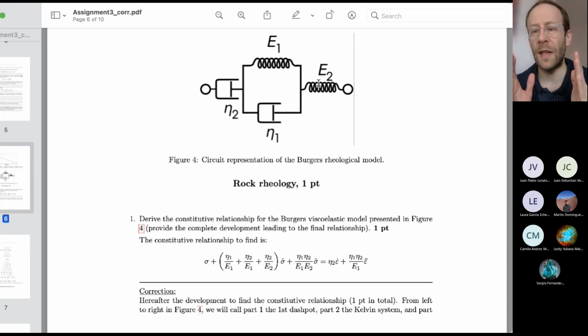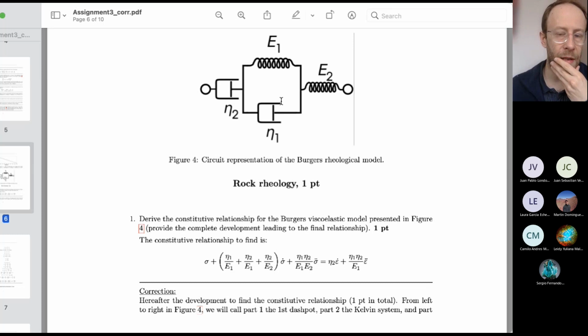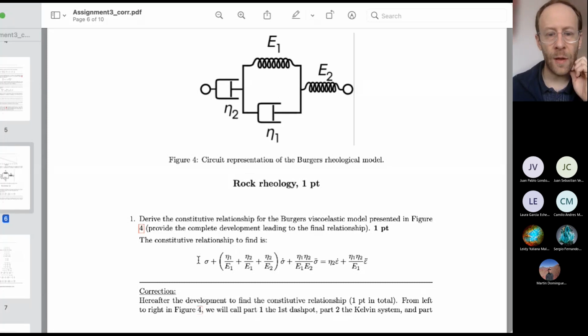You can also divide this model in different parts. You have parts that are in series, these three parts, for example, and you have one part that has two components in parallel. So the constitutive relationship to find is the one that you see here.